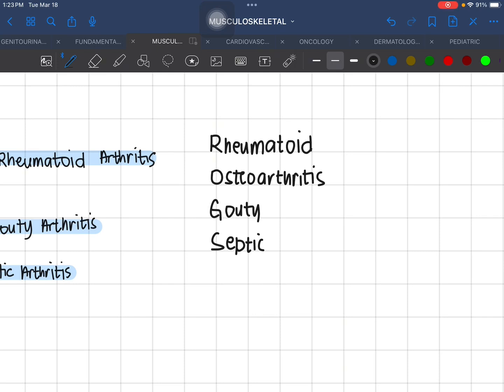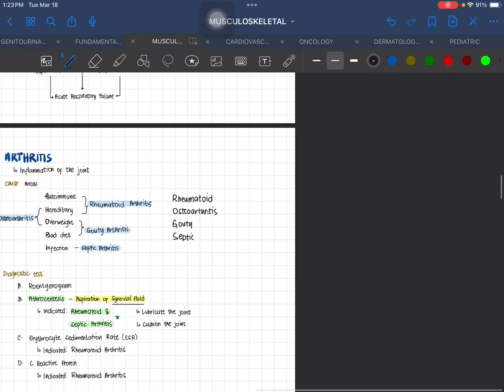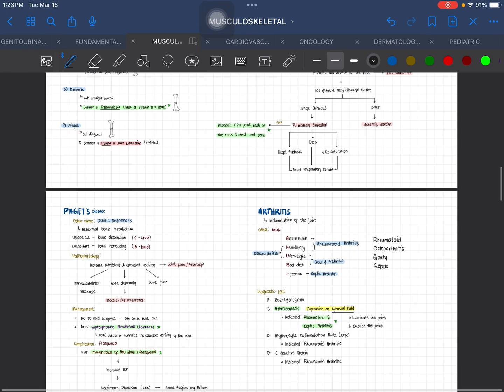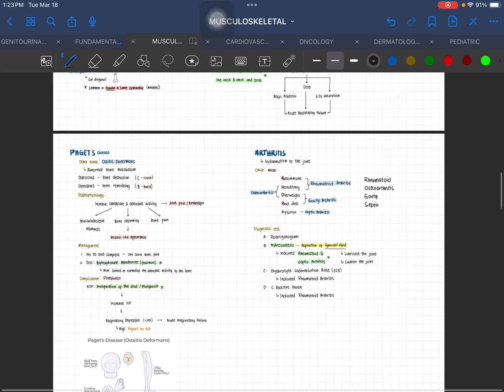Yun lang naman yung tatandaan natin dyan. Okay, so proceed na tayo.